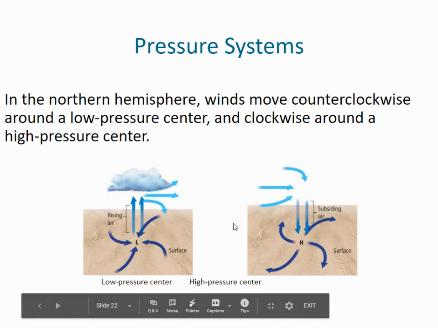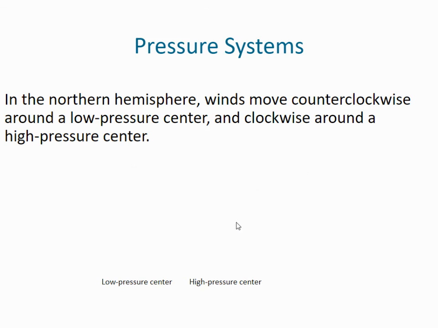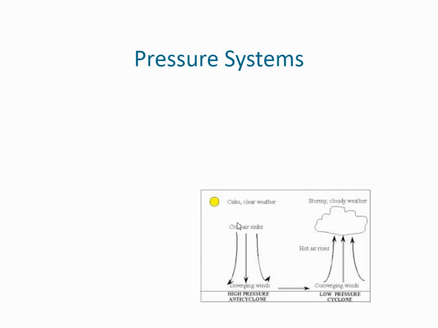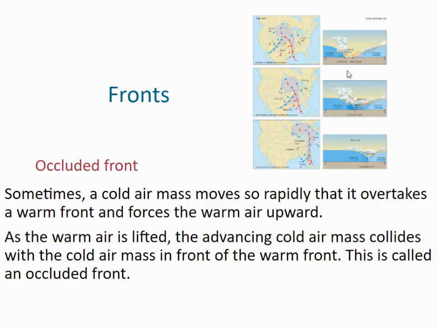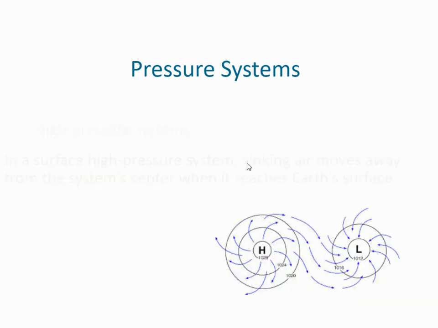We'll talk about how the combination of pressure, temperature, and winds creates your weather fronts. It just depends on what you'll see more often than not, and we'll talk more in the next Edpuzzle about what actually happens with these different types of fronts.